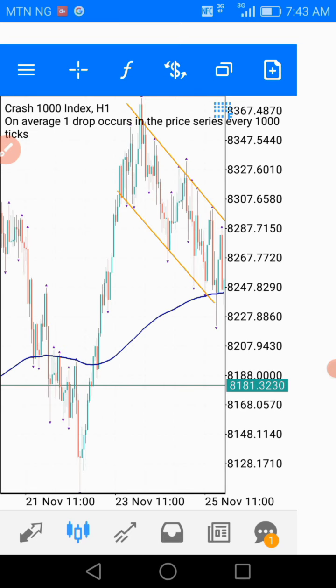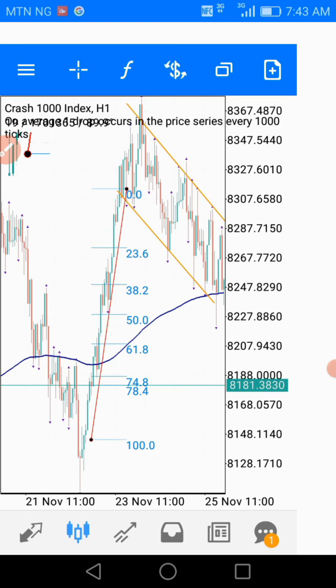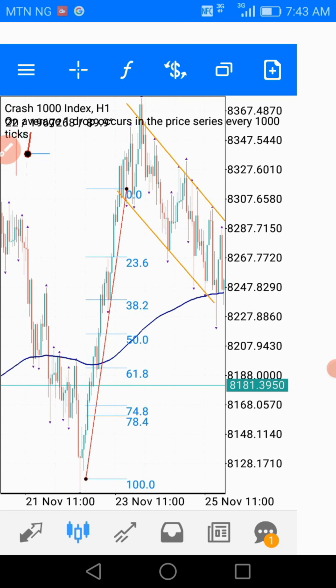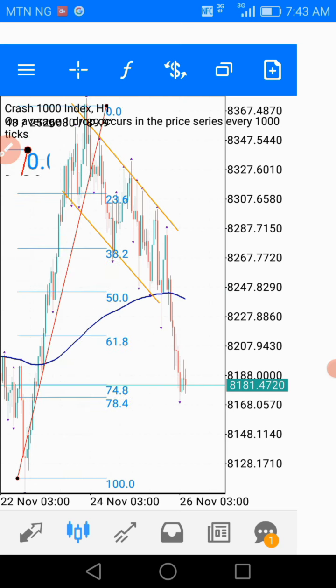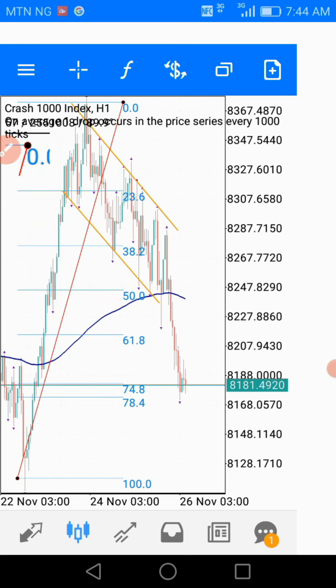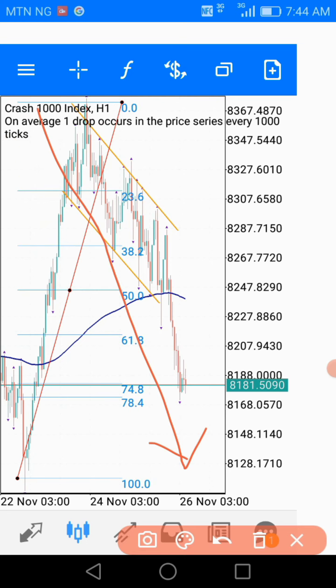Let's pick it and place it. There was a very strong bullish move. Now look at it here. We are doing week to week now. Now, what are you seeing?